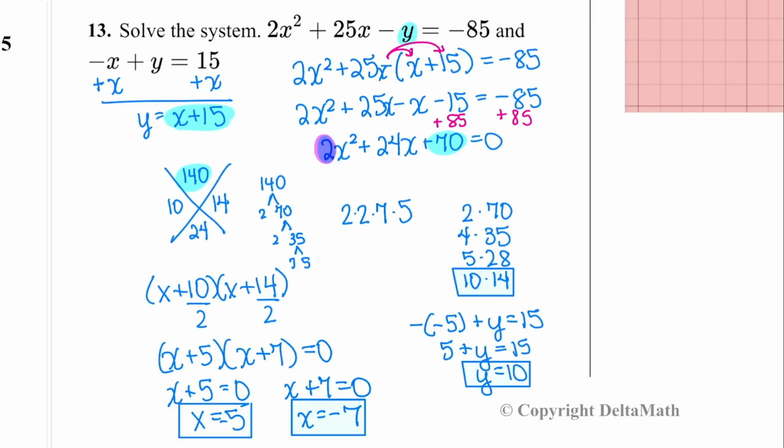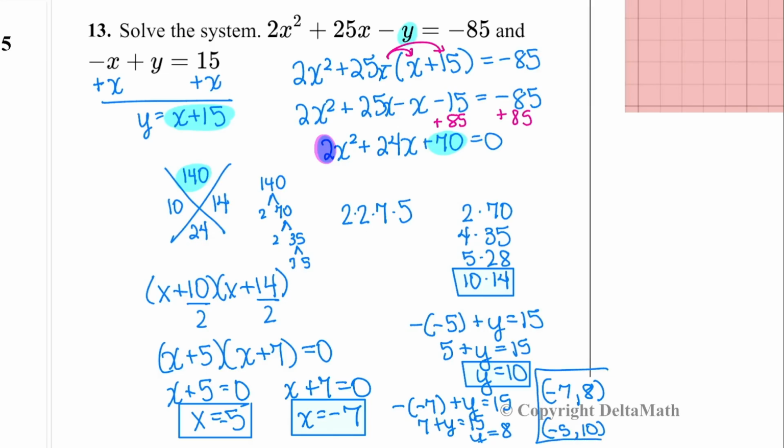So that point is going to be, running out of space here, but that one's going to be negative 5, 10. Then for our second one, we're going to have negative times negative 7 plus y equals 15. So 7 plus y equals 15, or y equals 8. So our second point is going to be negative 7, positive 8.